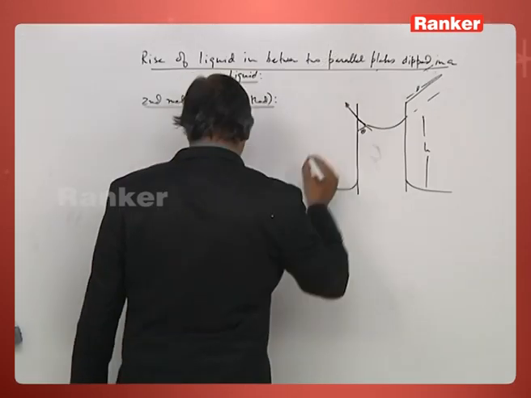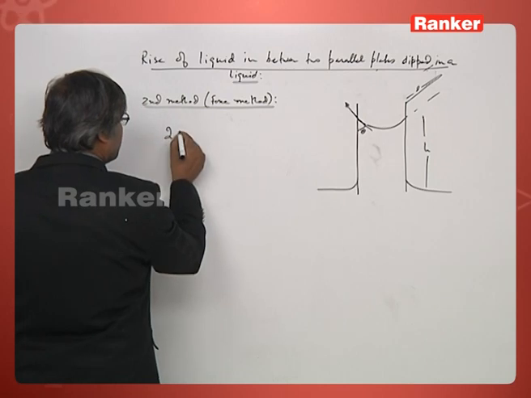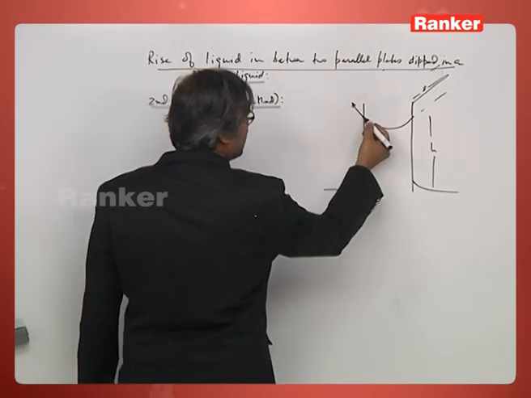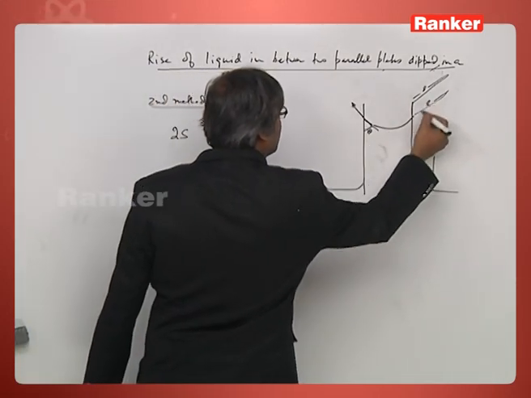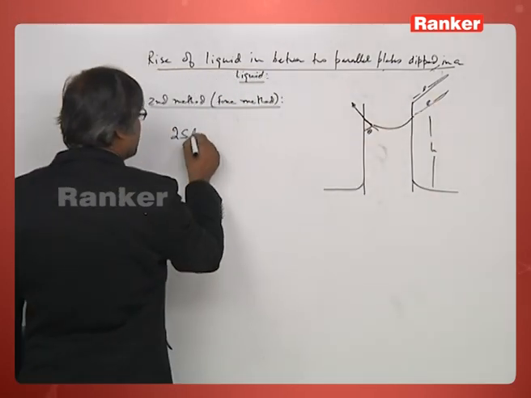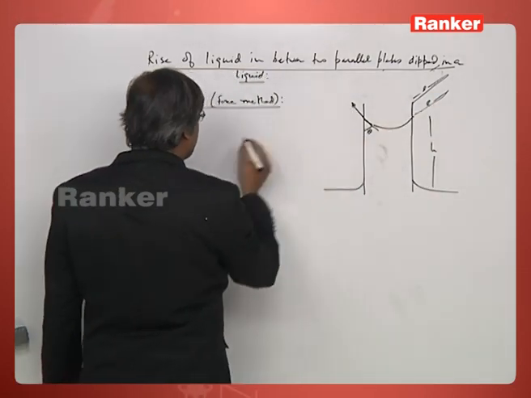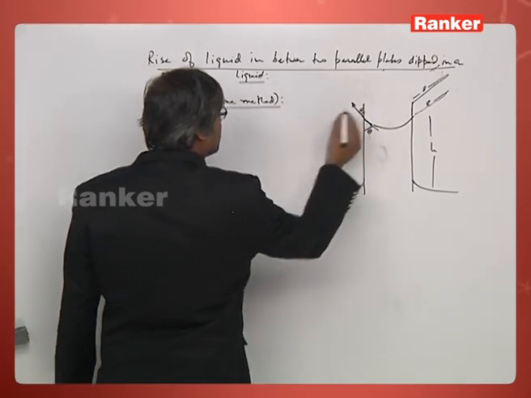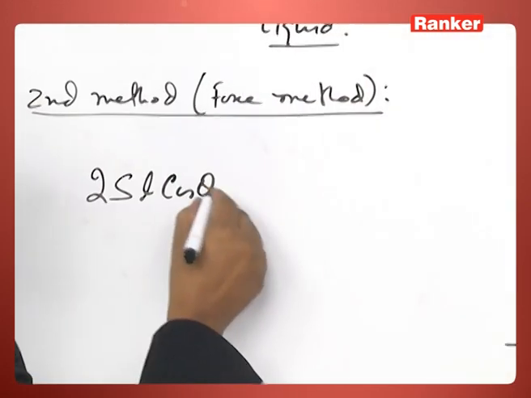So, you have actually a force of 2 times S into L, that is SL force, twice in this direction. We want its vertical component, so it becomes cos theta.